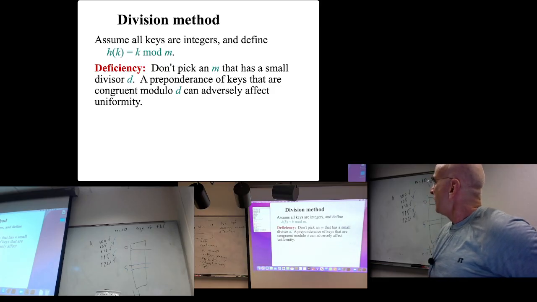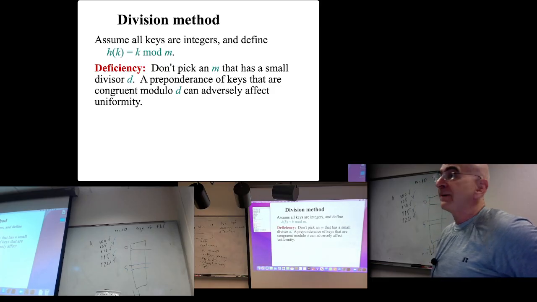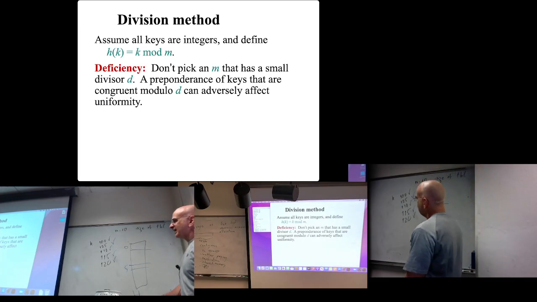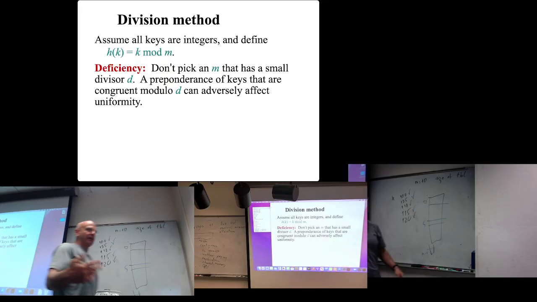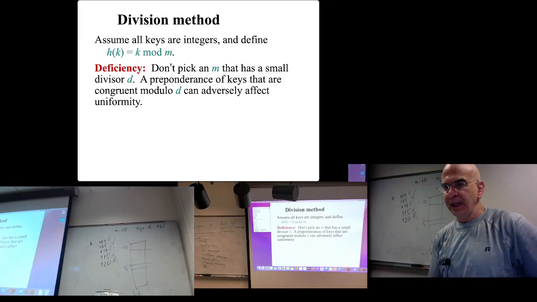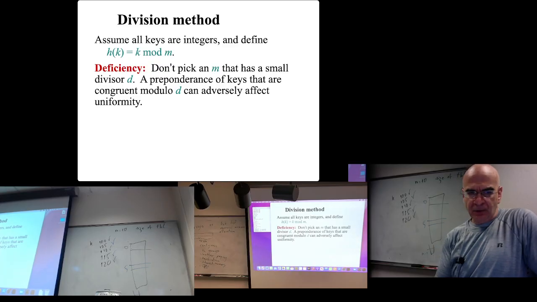So it's better to have m that is not even, but then our computer likes us less, because the computer likes to have pieces of memory that are a power of 2. Computers like to work with blocks of size 2, 4, 8, and so on. So it's a bit contradictory.